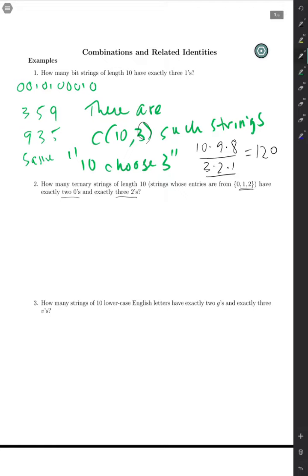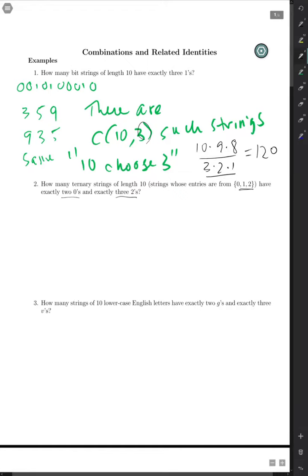In this case, as above, we first pick the positions of the zeros. There are 2 of those, and there are 10 choose 2 ways to do that.